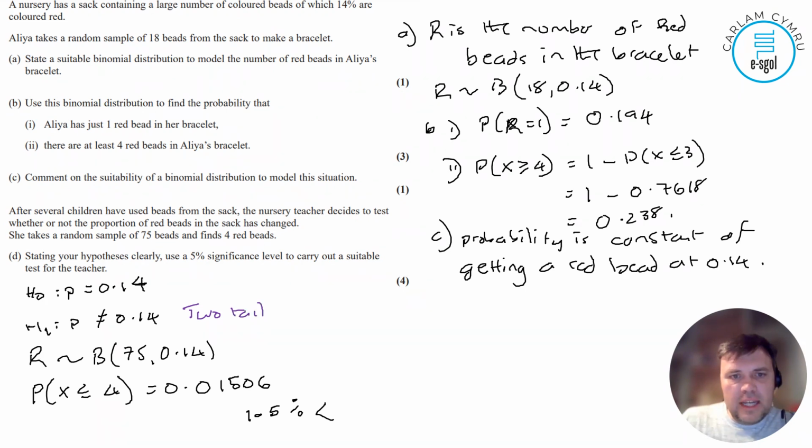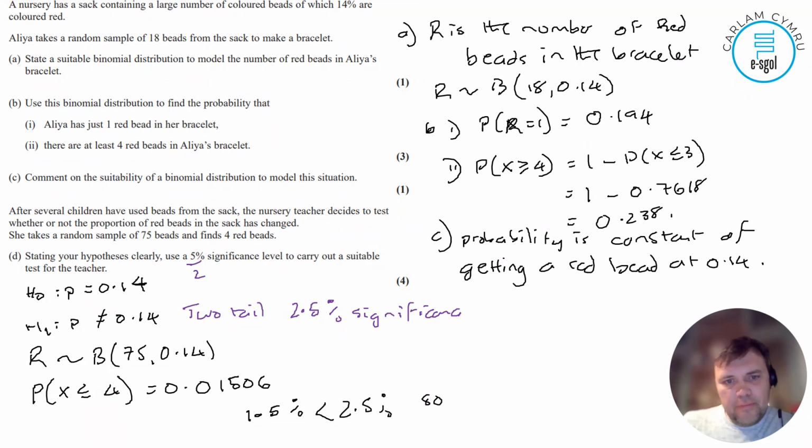Now, this is 1.5% approximately, and this is less than, and now because it is a two-tailed test, our percentage is 2.5% significance, because you have to divide the 5% significance they asked you for by 2, because you're looking for the upper part and the lower part. So this is actually 1.5% is less than 2.5%. So reject H0.